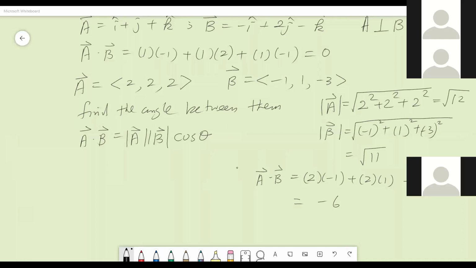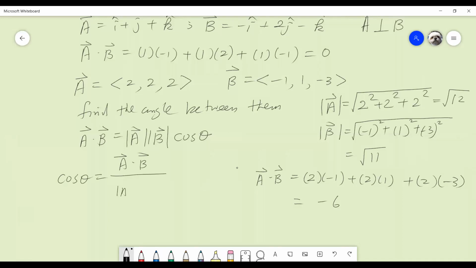All right, now then how can I find the angle? Cosine theta equals A dot B over the magnitudes.